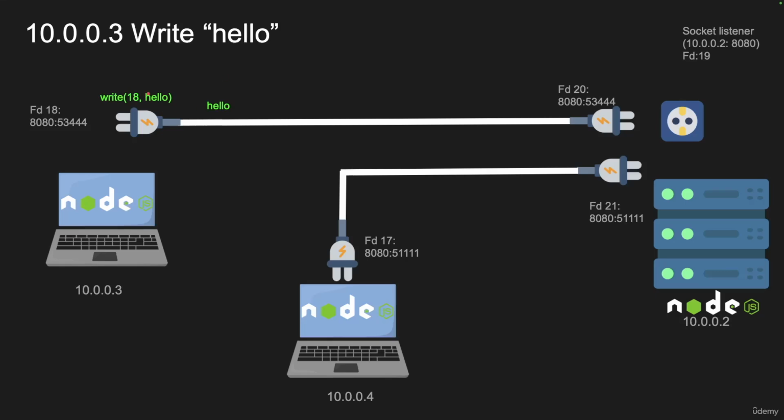So now we want to write, right? By this time you already know how epoll works. You never call write until you did an epoll before that. You do an epoll first and you say, hey, is this connection ready to be written to? And if it is, you call write.